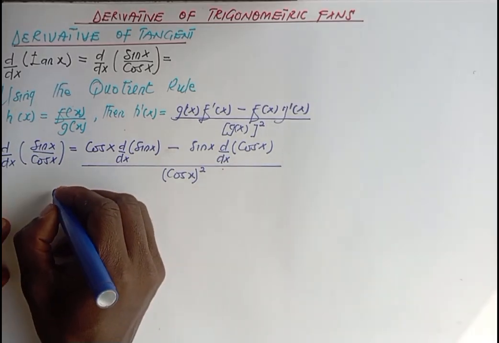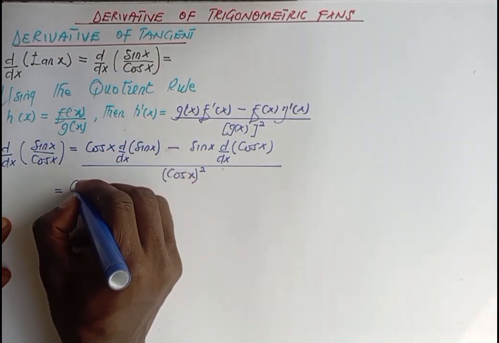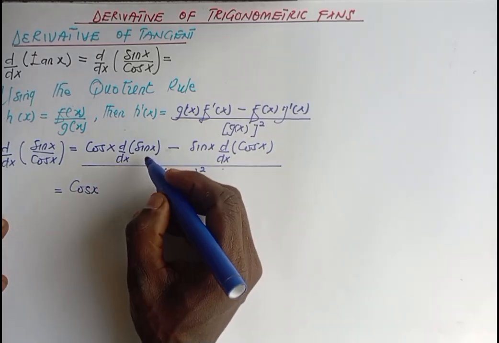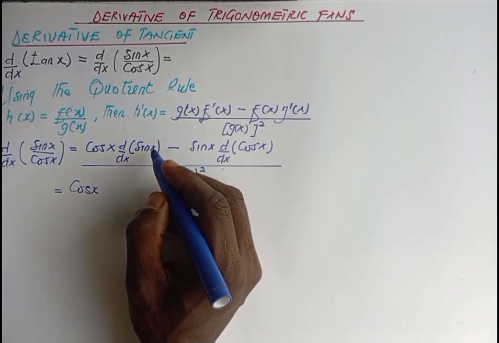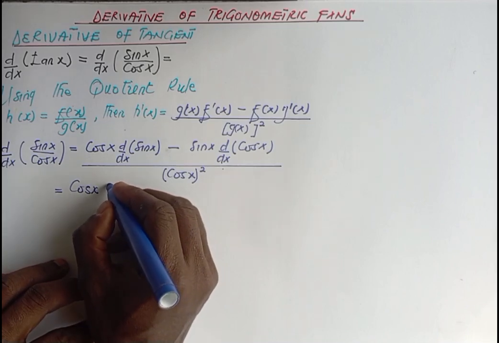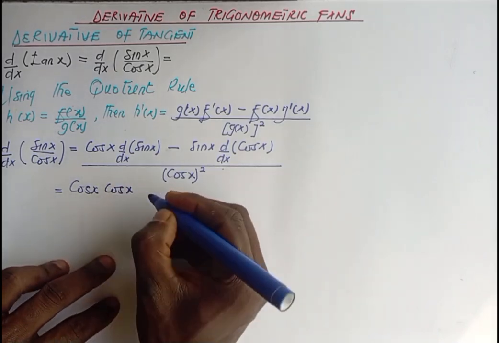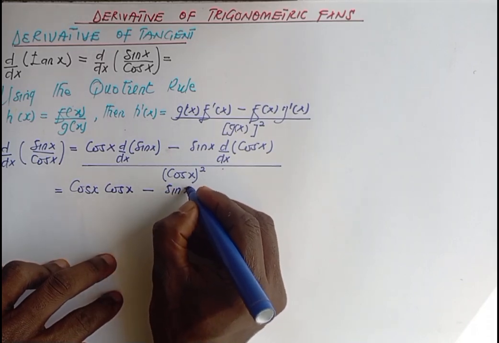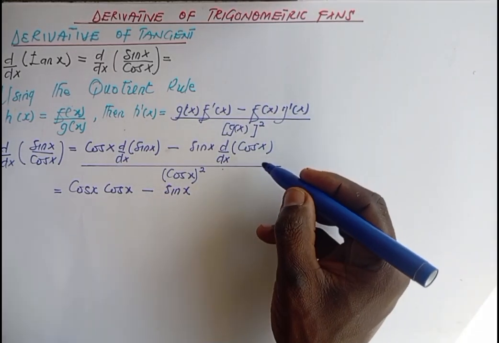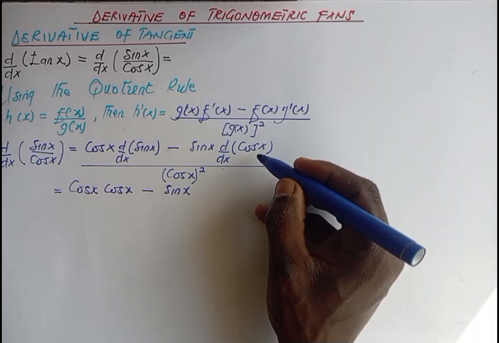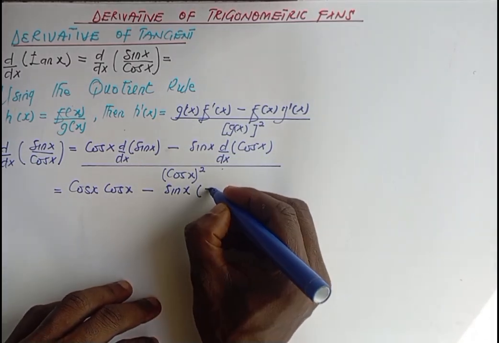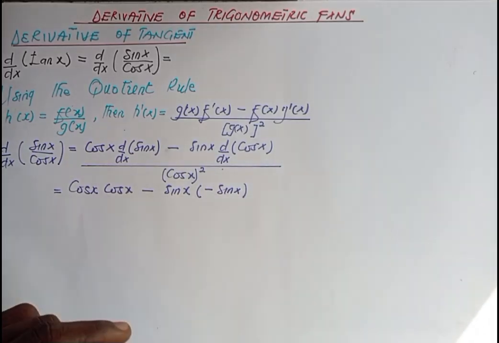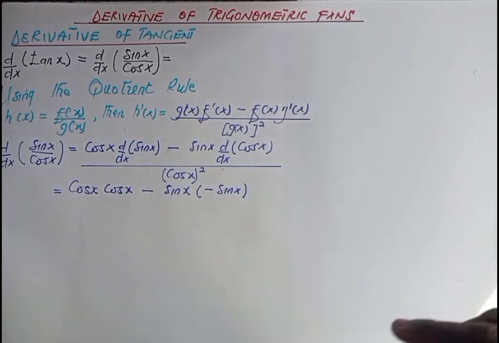So we are going to get cos x. We have already established that the derivative of sine is cos. So we have cos x minus sine x, and we have also established that the derivative of cos x is negative sine of the angle x, and this is all over cos x squared.